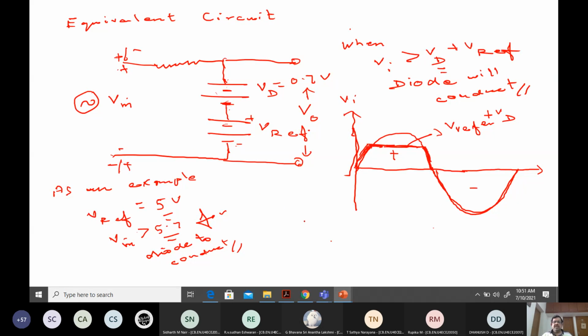So the equivalent circuit in case of the negative half, it will be here. So the diode, you can see here. This is always 5 volt, whereas for any input voltage, this is my open circuit condition.